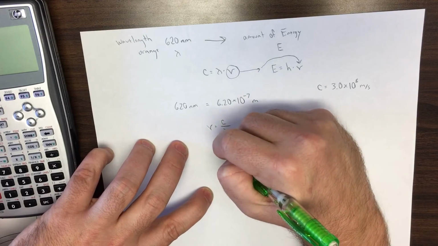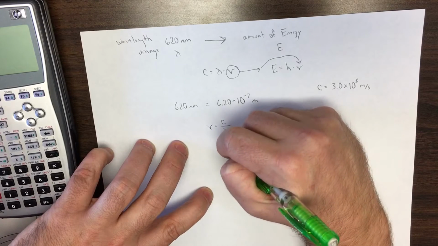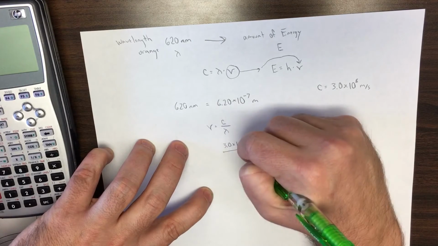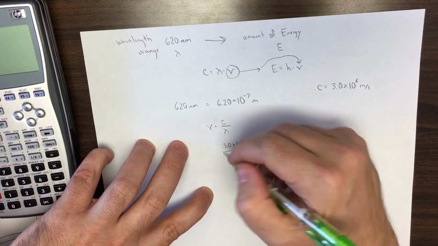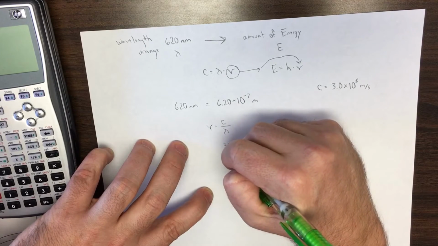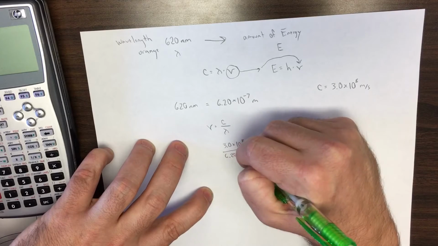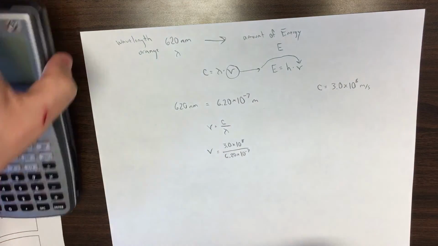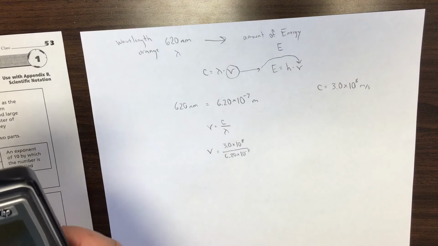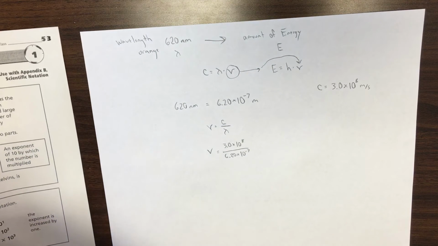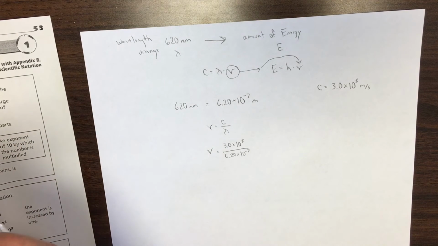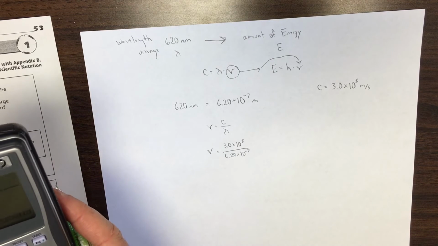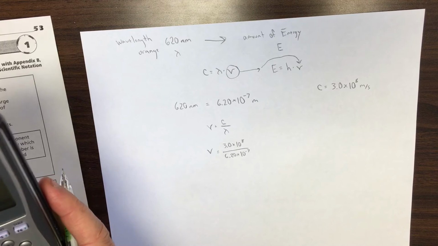So I'm going to go ahead and plug those in. So you got 3.0 times 10 to the 8th. My wavelength is right here, 6.20 times 10 to the negative 7th. And now with my calculator, I mean, you can't see my calculator, right? I mean, now in my head, I will do this because I have a giant head, and that allows me to do advanced calculations.